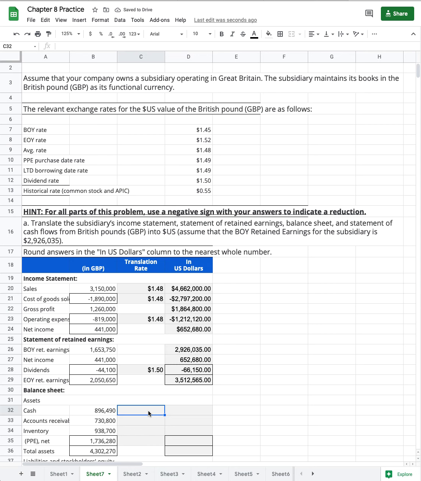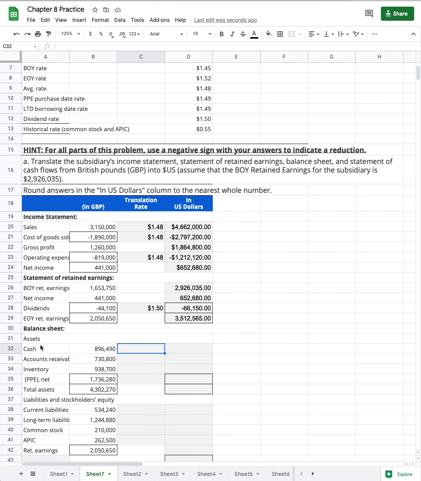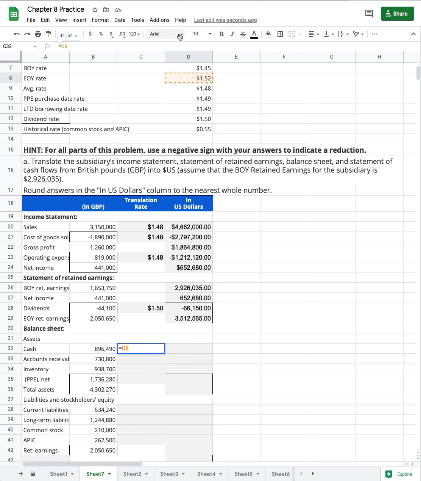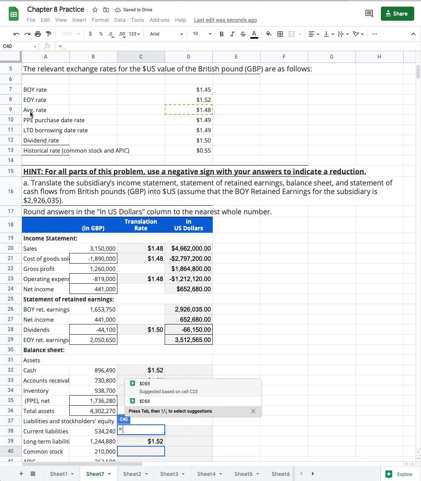Okay, now we come down to the balance sheet, and so we'll be using primarily the end of year rate, the $1.52. We want to put the dollar signs here and make this an absolute cell reference so that we can copy that, because that'll be for all of our assets and these liabilities. And then for common stock and APIC, we'll need to use the historical rate.